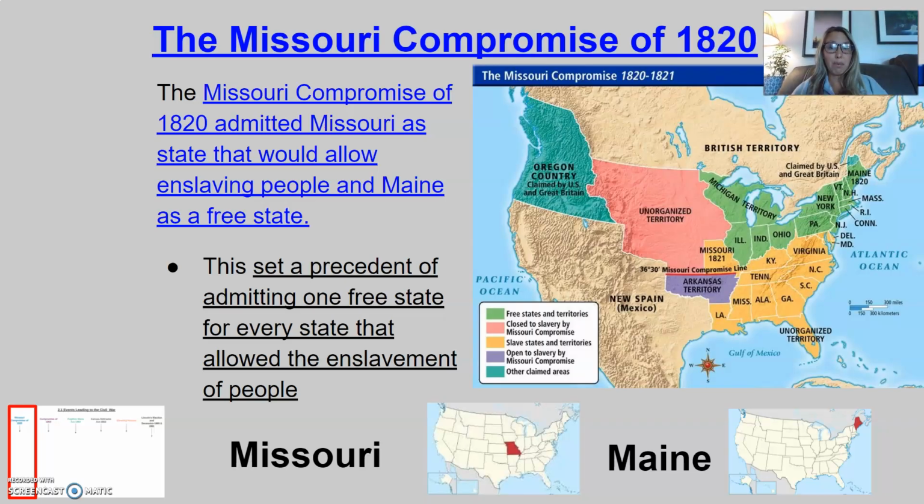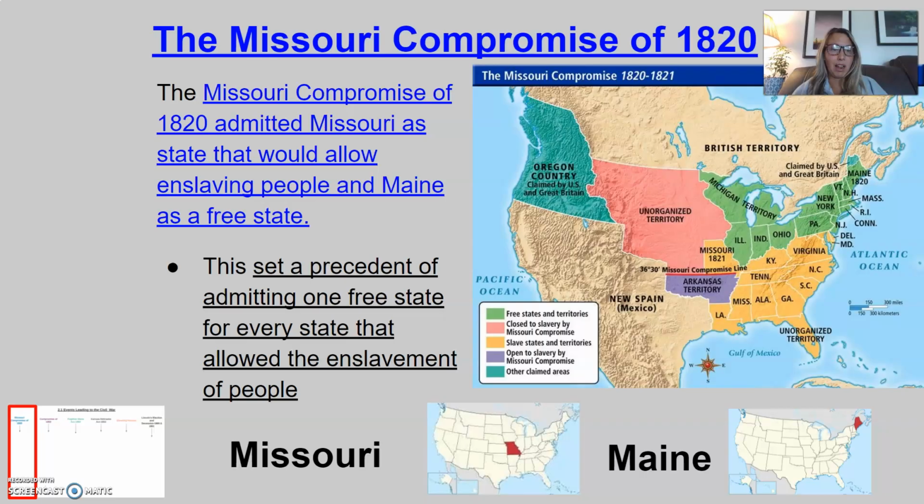So the Missouri Compromise admitted Missouri, this new state, that would allow enslaving people, but then they tried to keep it balanced, so Maine, up here in the north, would not allow the enslavement of people, because that was the hot topic. If we make new states, what are their rules and laws going to be? This set the precedent that they were going to try to have everything be equal.